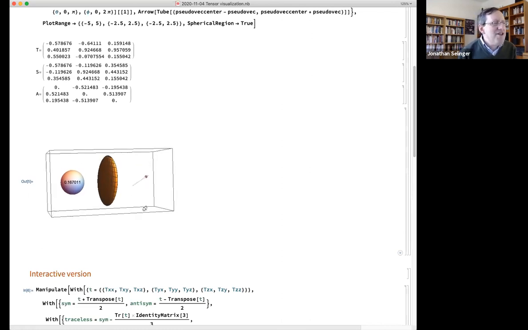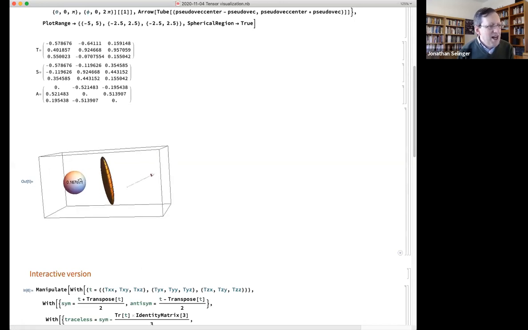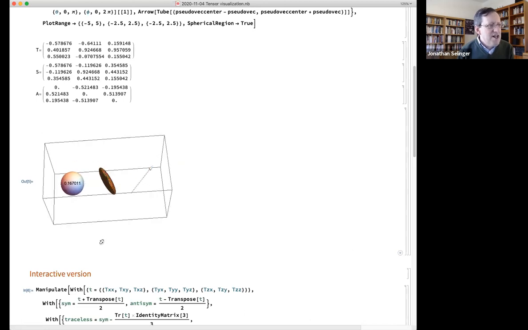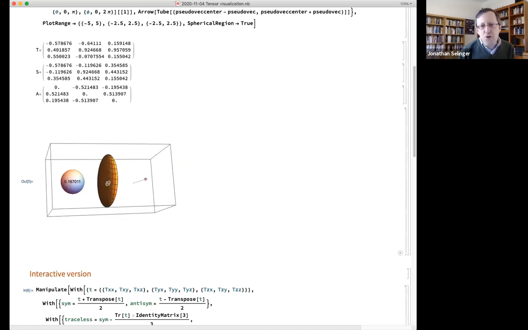The point is that my tensor visualization comes down to really 3 objects: an arrow for the pseudovector, a sphere for whatever this offset amount is, and the ellipsoid that has to do with the 3 special directions, the eigenvectors, and the 3 magnitudes of how much things are stretched in each of those 3 directions.